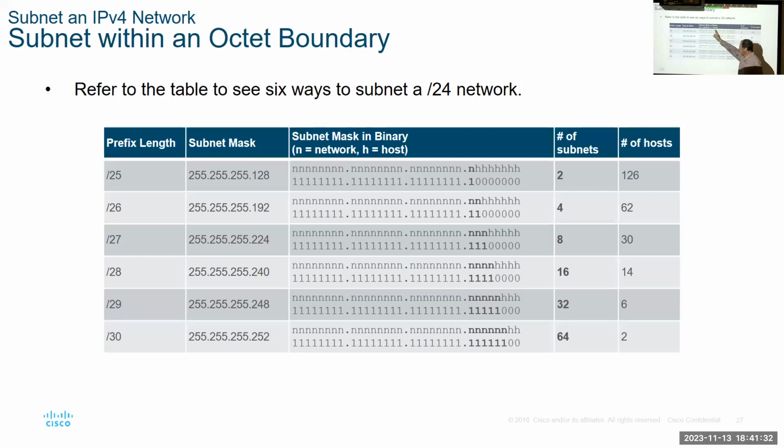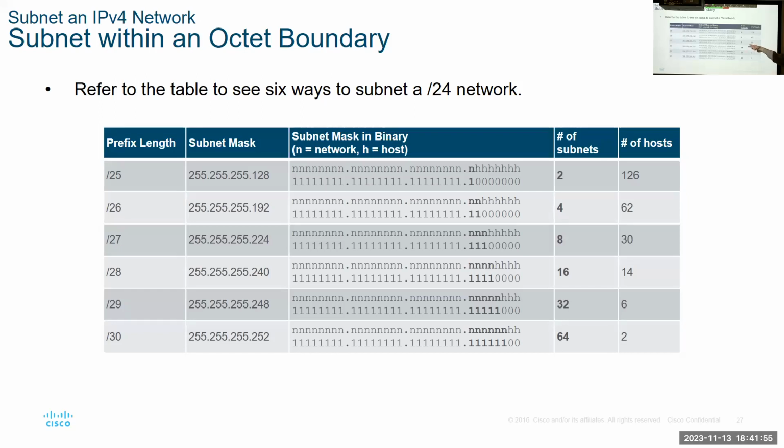When you borrow or reallocate one bit, making it /25, which comes out to 255.128, then you get two subnets, but half the hosts per subnet, a little less than half, because now you have two broadcast IDs and two network IDs, one for each subnet.